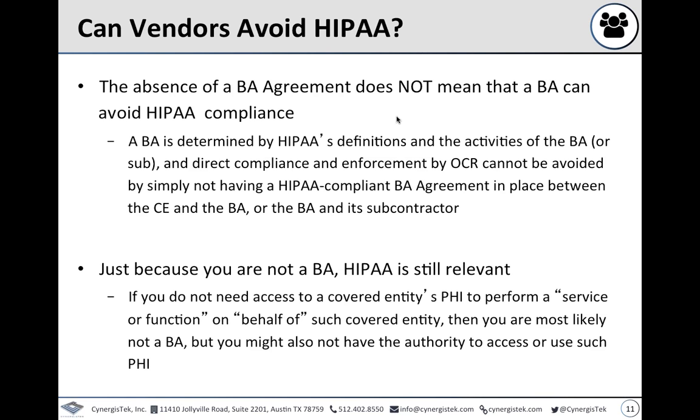But when you boil it down, if you have a vendor or contractor who's handling protected health information on your behalf, then they are responsible, as you are, for safeguarding the information. And by operation of law, HHS will hold both the business associate and the covered entity responsible for safeguarding the information.